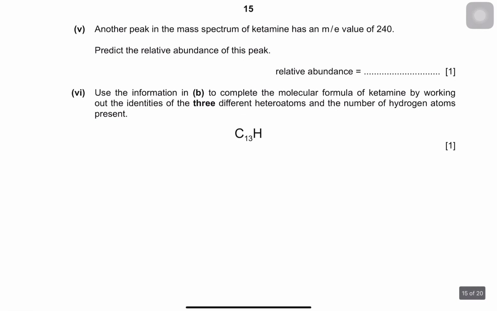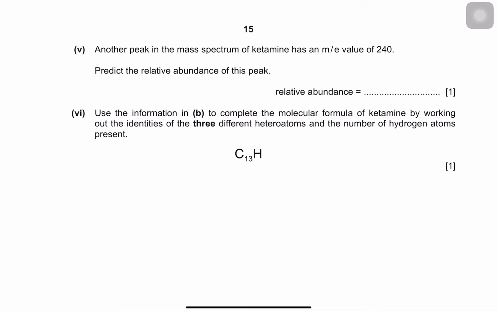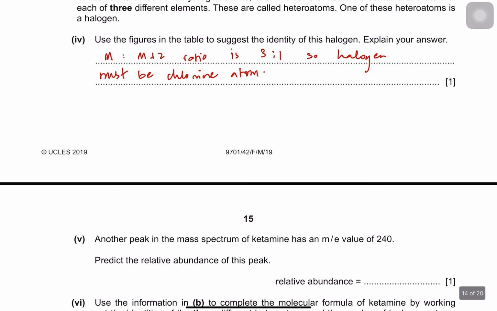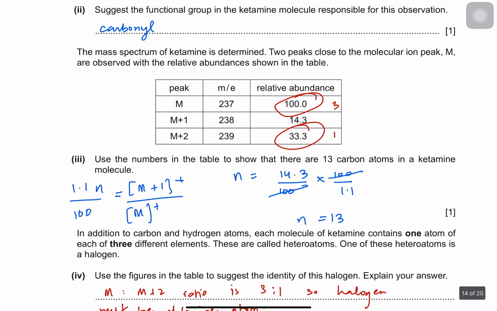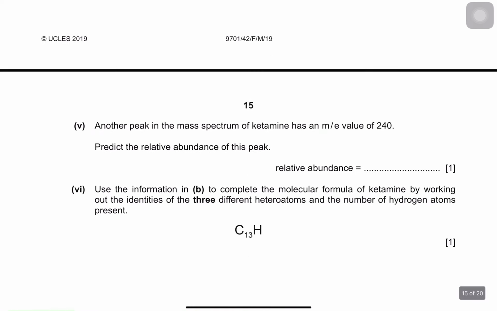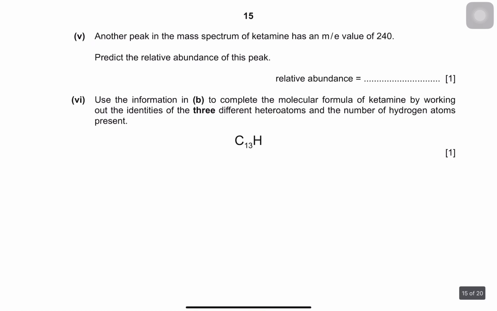Another peak in the mass spectrum of ketamine has a mass over charge value of 240. Predict the relative abundance of this peak. Okay, the M peak is at 100 and you're getting another peak at a value of 240 over here.